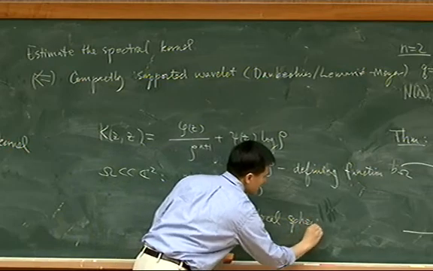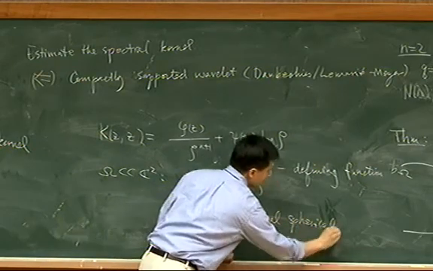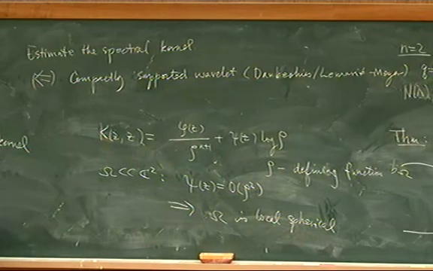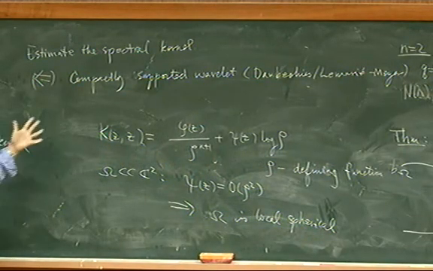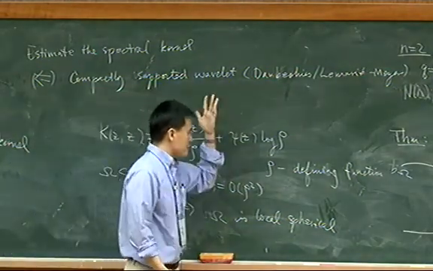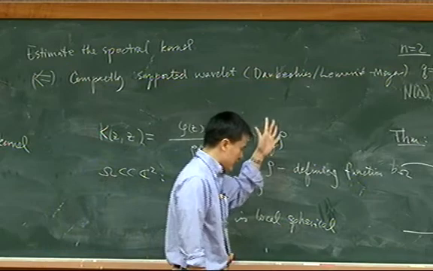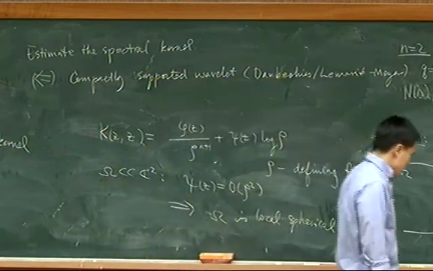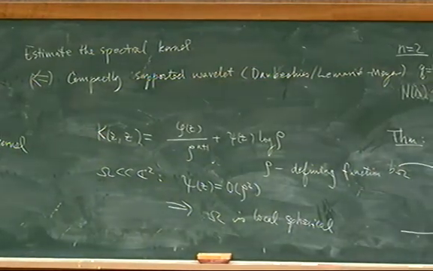This is from the late 1970s or early 1980s. So this, in a sense, is a theorem that if you have a certain assumption on the spectral kernel, then you can determine that it is locally spherical.